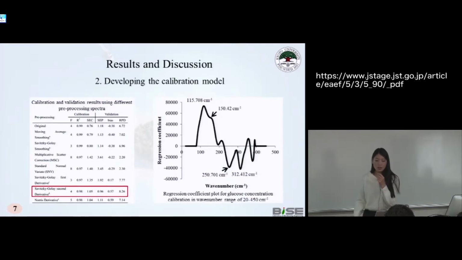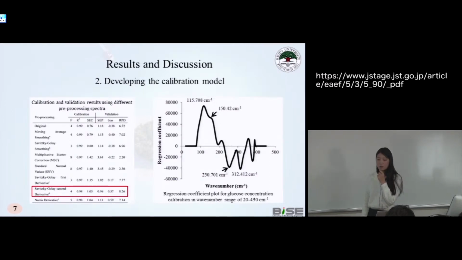And to develop the calibration model, we compared all of the pre-processing methods, and the authors found that the SG second derivative shows the best result. The PLS regression method can also find out the location of the sample.